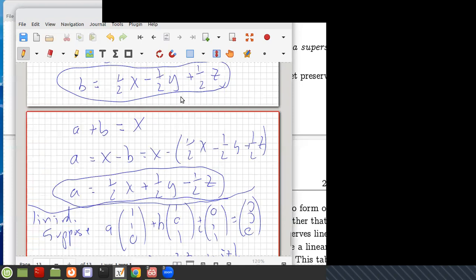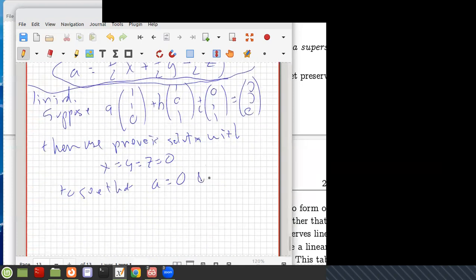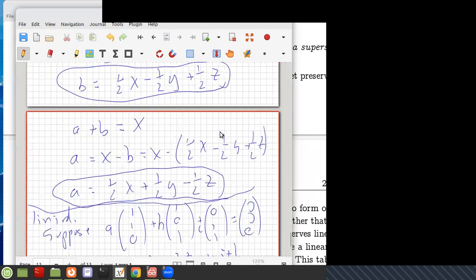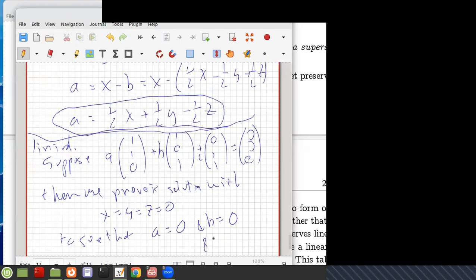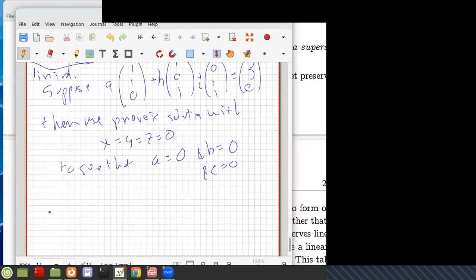That b is 0 because x, y, and z equal 0, and c equals 0. So from this one linear system, you can see, therefore, the three vectors are linearly independent. Okay?